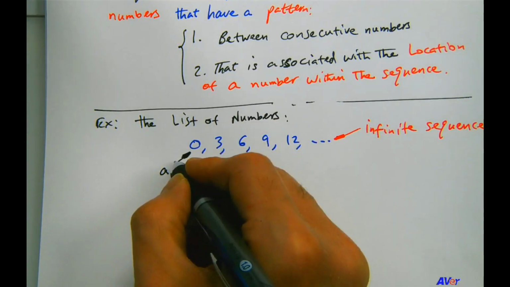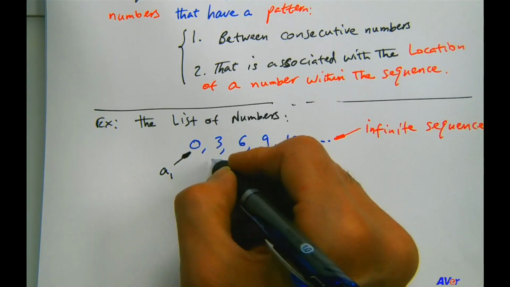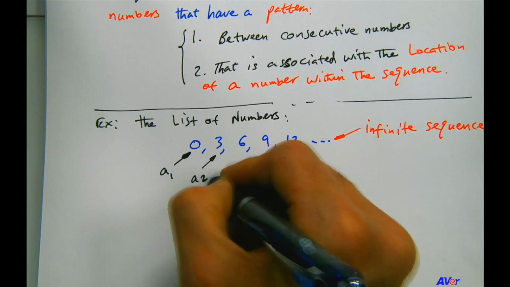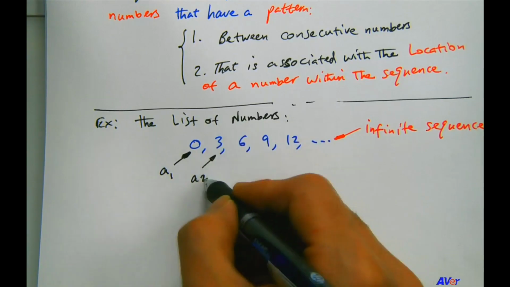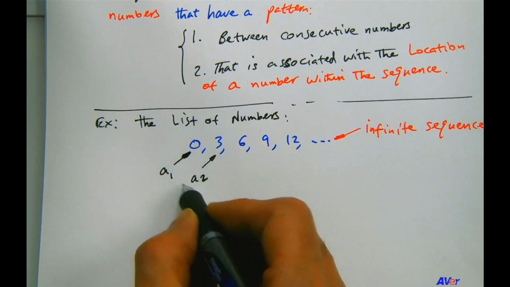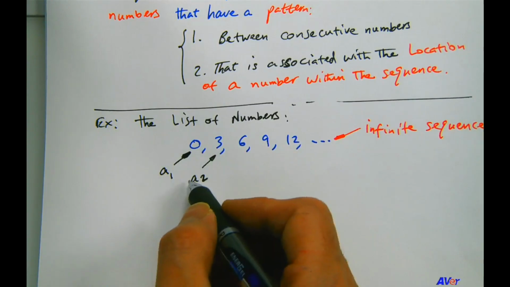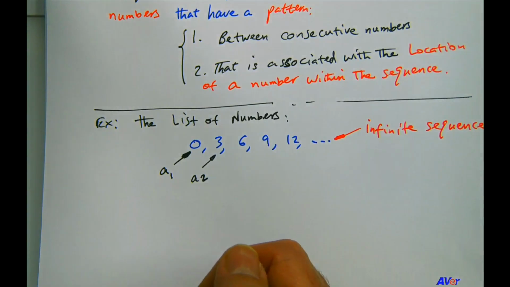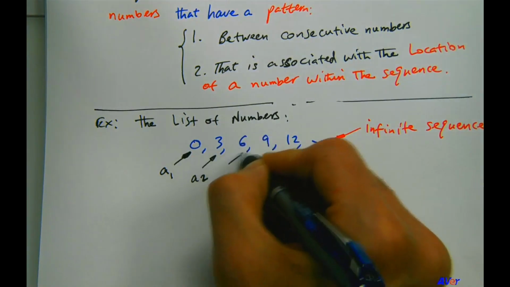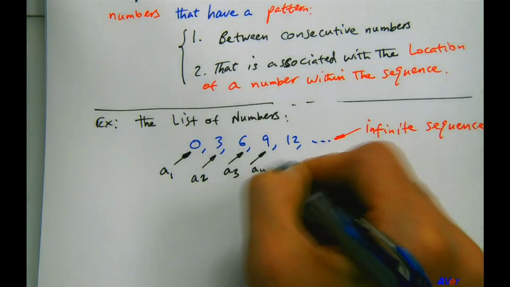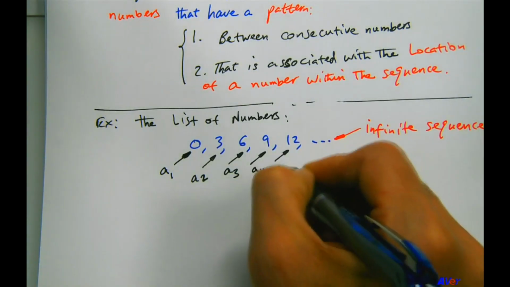So a1 in this case is 0, and a2 in this case is 3, the second number in the sequence. I'm using the notation that your book uses, so that if you read these notes after I post them on Canvas and you read your book, they match. Then this one would be a3, that one a4, and a5.